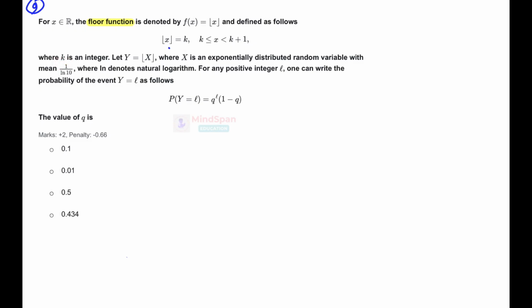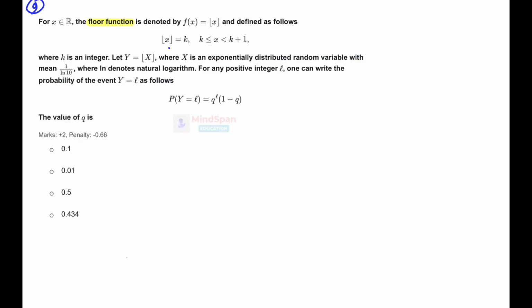Where k is an integer and we have this random variable y, and this random variable y is equal to the floor of the random variable x, right? And we have also been given the information that the random variable x is exponentially distributed with mean 1 divided by ln 10, right?